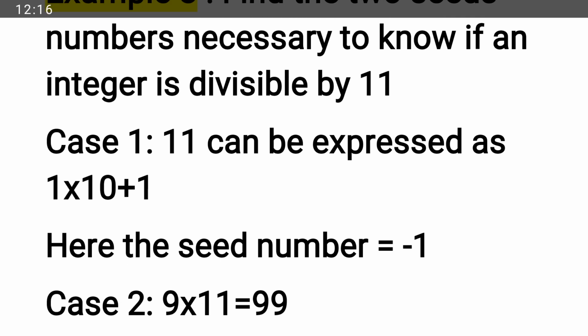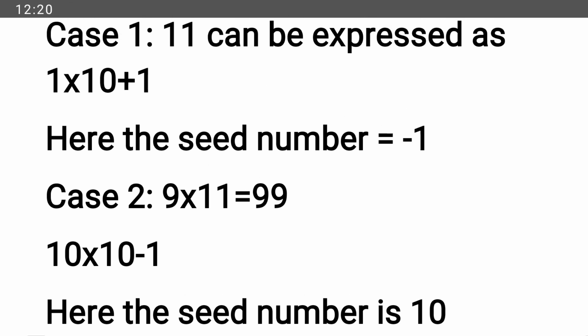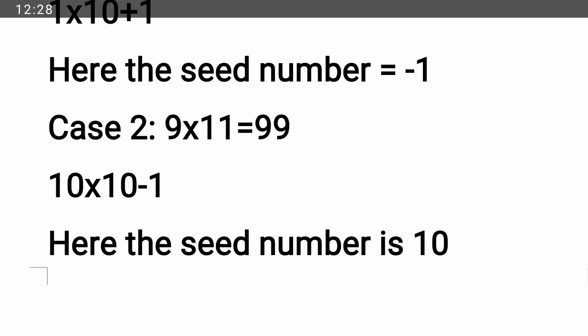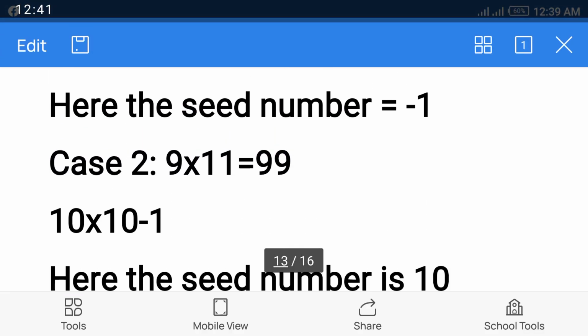For the other case, what number do we use to multiply 11 so that the unit ends with 9? It is 9. 9 times 11 is 99. And 99 is 100 minus 1. So it's going to be 10 times 10 minus 1. So our seed number here is 10. So the seed numbers for 11 are 10 and minus 1.